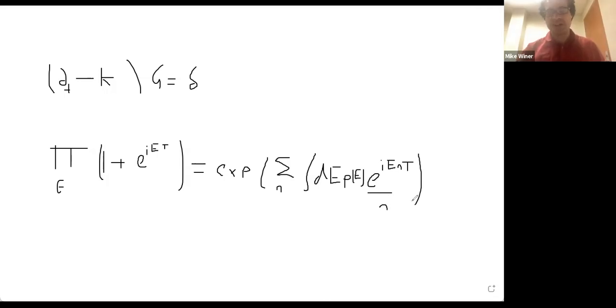Okay, so what we did here is we took the log of this and Taylor expanded the log in order to get this crazy expression here. What you'll notice is that we now have the exponential of an SFF.